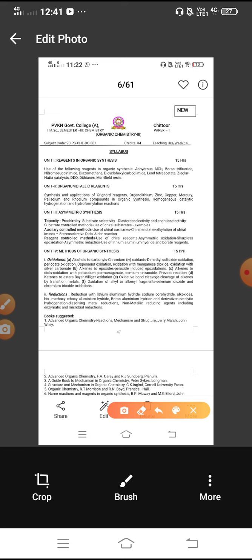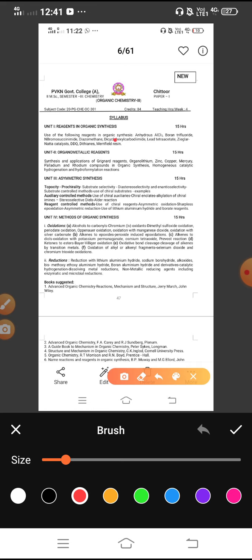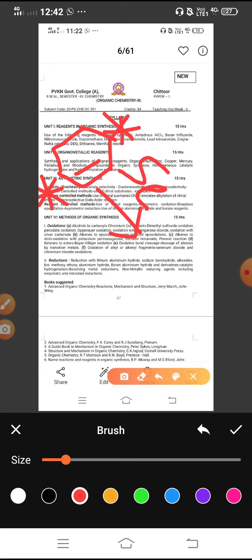For example, the starting material is cyclohexene. Here is an allylic position, here also an allylic position, treated with the reagent selenium dioxide. So oxygen is incorporated at the allylic position.